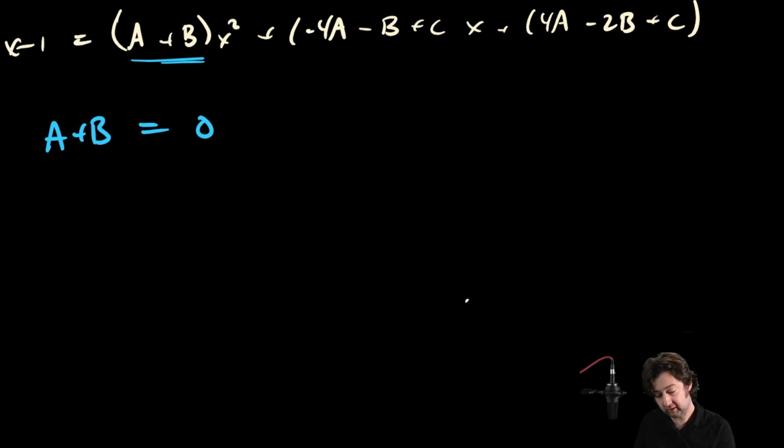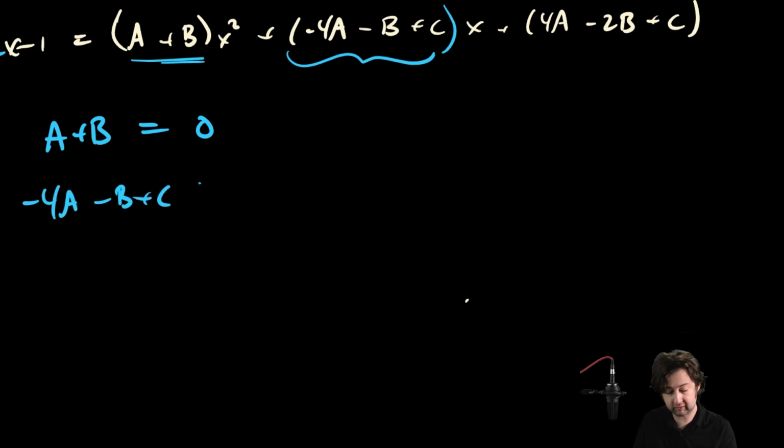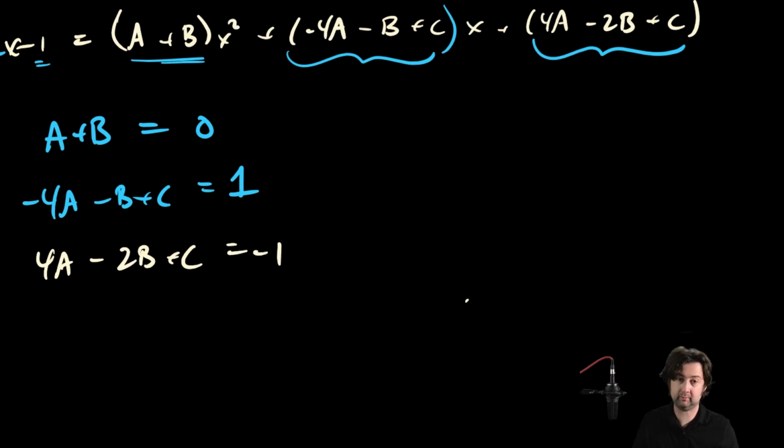There's a 1 as a coefficient of the x on the left-hand side, and there's this thing as a coefficient of the x on the right-hand side, and that must mean that minus 4a minus b plus c is equal to 1. And finally, the constant term on this side is 4a minus 2b plus c, and the constant term over here is negative 1. So that must mean that 4a minus 2b plus c is negative 1.